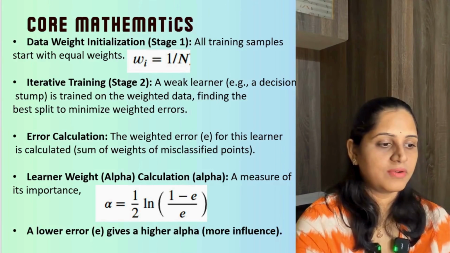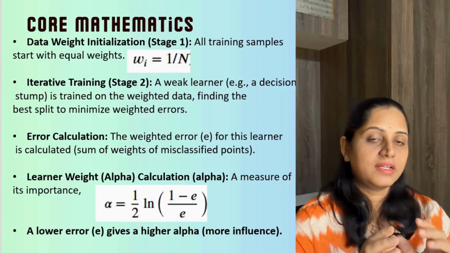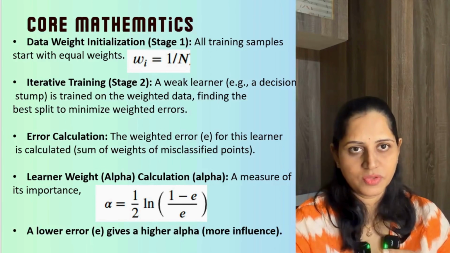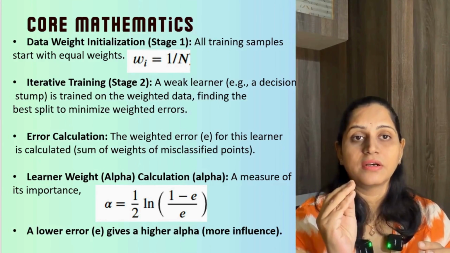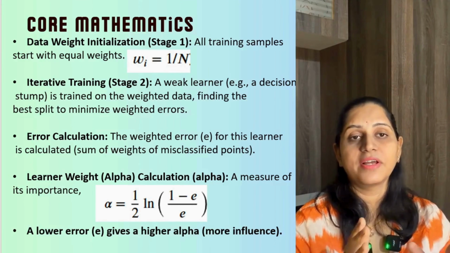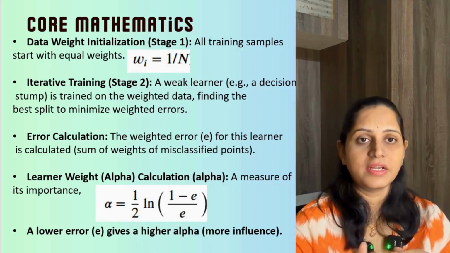This is the formula for calculating error. The error is nothing but the sum of weights of misclassified points, that means the points which gave wrong predictions. We take those weights and add them up.